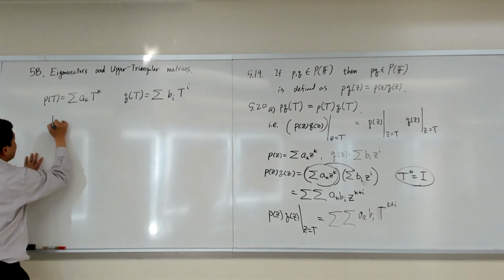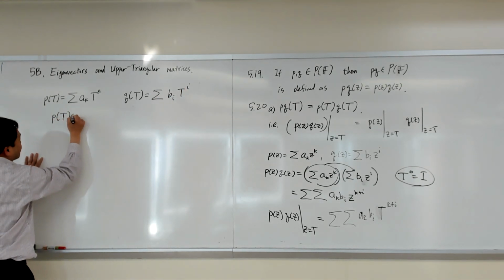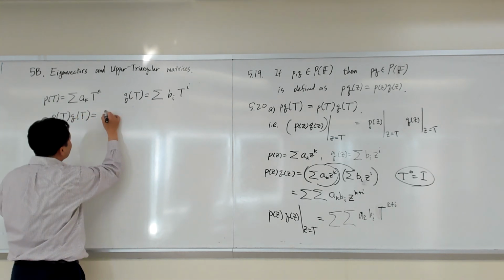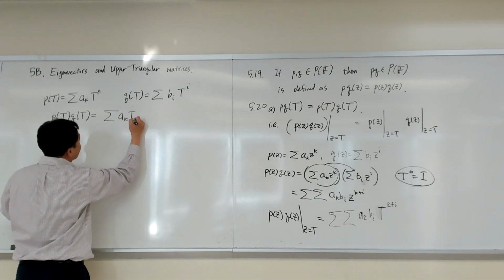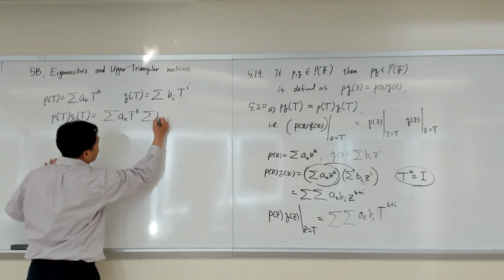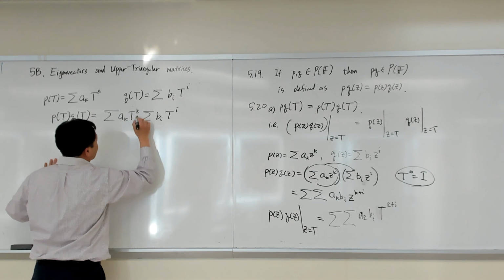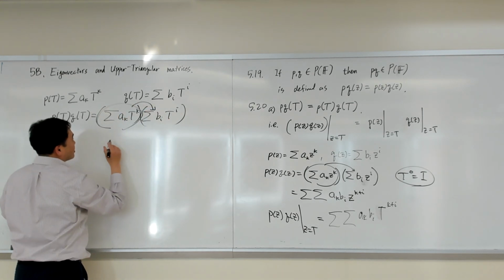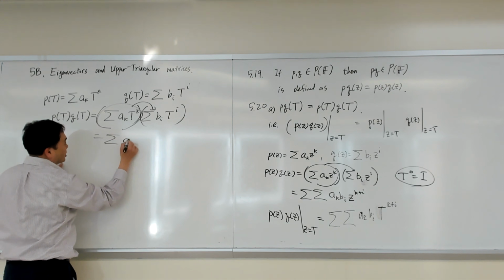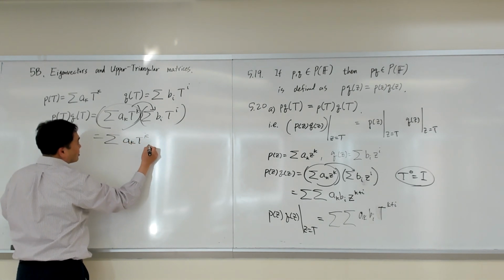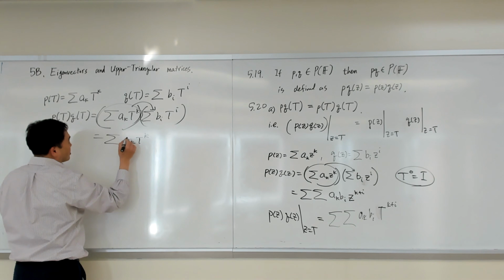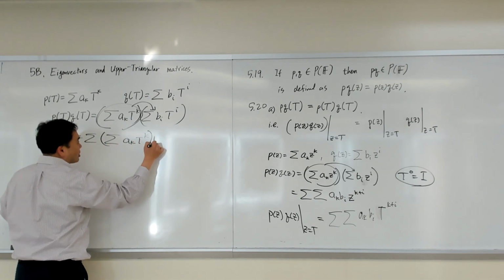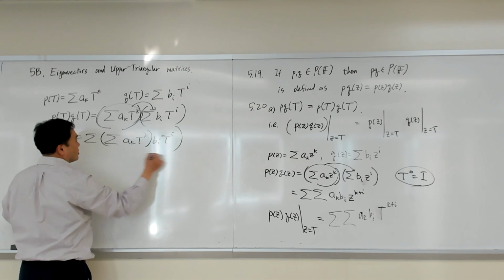Therefore, if I do P(t) Q(t), it's the same calculation: the summation of a_k t^k times the summation of b_i t^i.